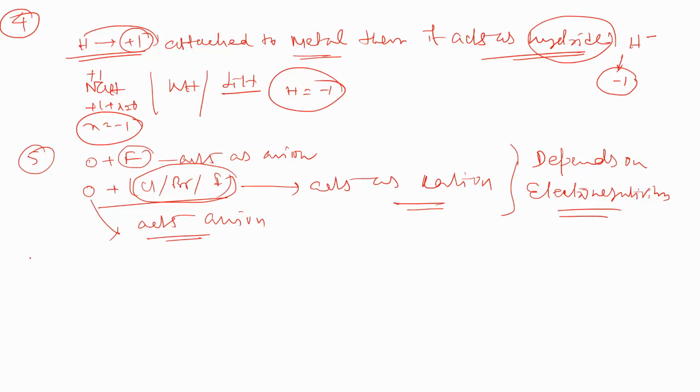So there is another rule. This is the basic rule, these six rules are the basic rules. Basic rules means that when we go to calculate the oxidation number of any element or species, whatever charges you have, you sum the charges.